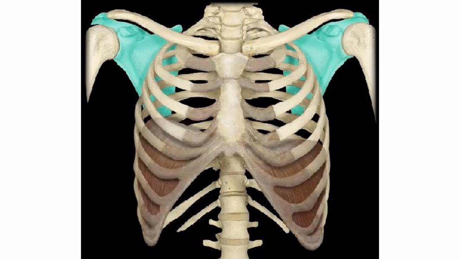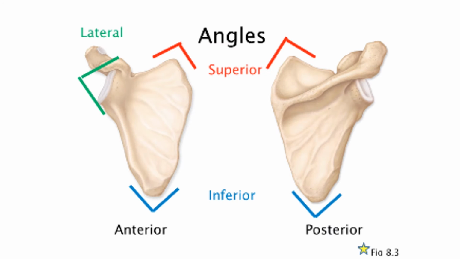The attachment to the axial skeleton is established by the medial end of the clavicle. I need more knowledge about the basics of the scapula. The question is, what is the shape of the scapula?